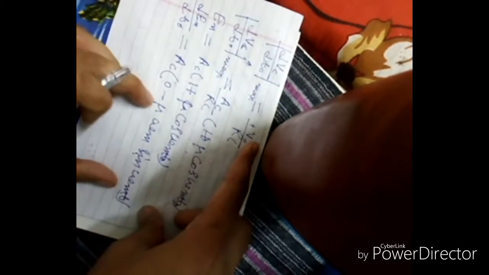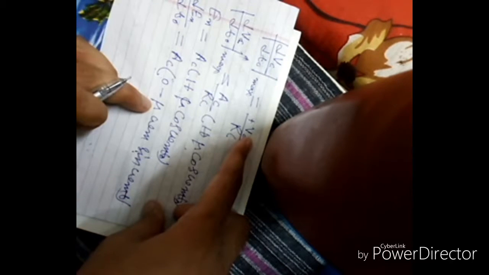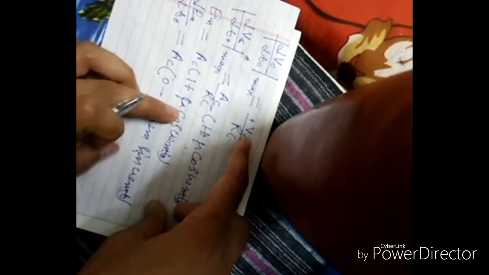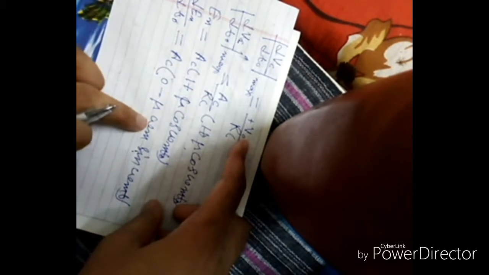As we know very well, this is mu, the modulation index. The differentiation of cos omega m t is nothing but minus sin omega m t into omega m.